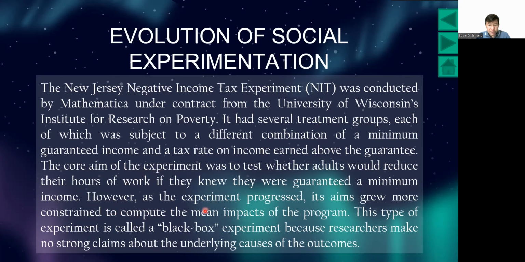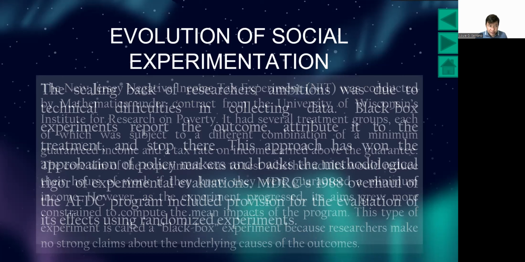However, as the experiment progressed, its aims grew more constrained to computing the mean impacts of the program. This type of experiment is called a black box experiment because researchers make no strong claims about the underlying causes of the outcomes.